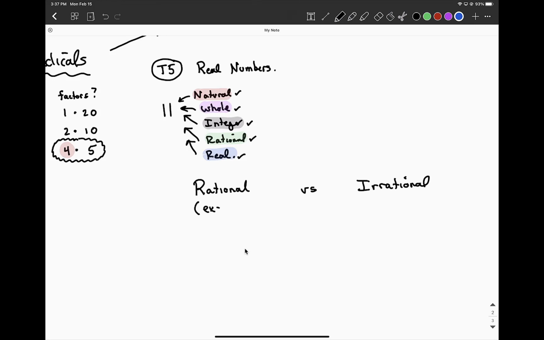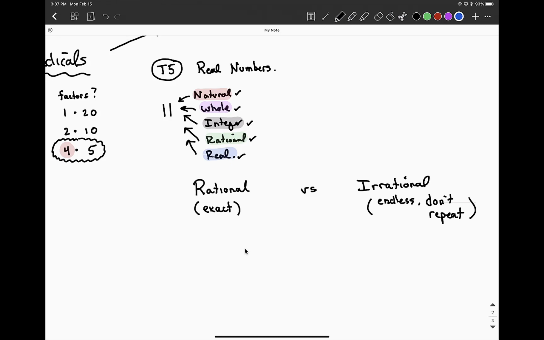Rational numbers are exact. Irrational numbers are not exact. They are endless. They don't repeat. And you can't really ever know exactly what they are.